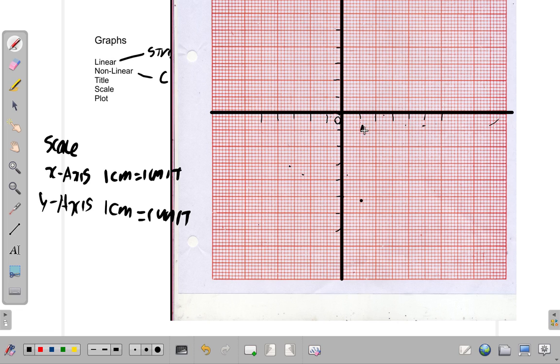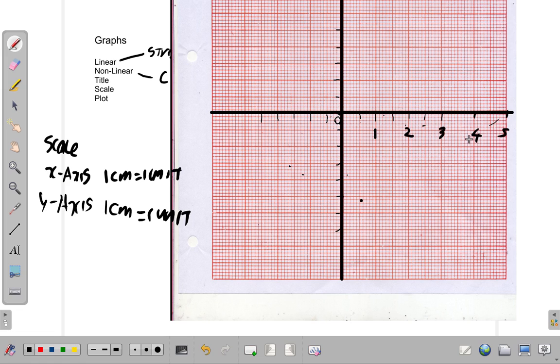Instead of saying 1, 2, 3, 4, 5 and leaving out all of this space here, I could make better, more efficient use of the graph paper. So I put my 1 here, 2 here, 3, 4, 5.